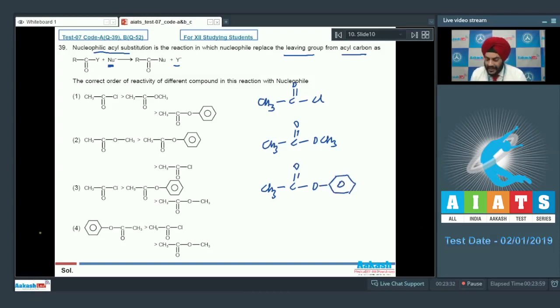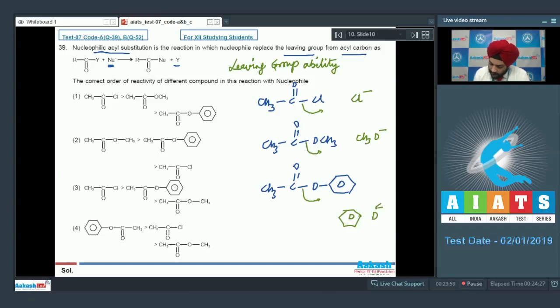Now students, we know that the reactivity in these substrates follows the leaving group ability. So greater the leaving group ability, easier is the rate of reaction. If we try and compare the leaving groups, we have a Cl minus leaving, we have a methoxide ion leaving, and we have a phenoxide ion leaving.